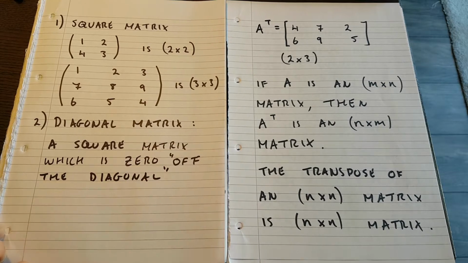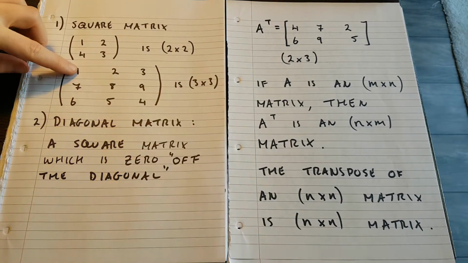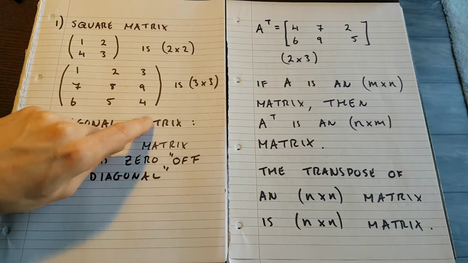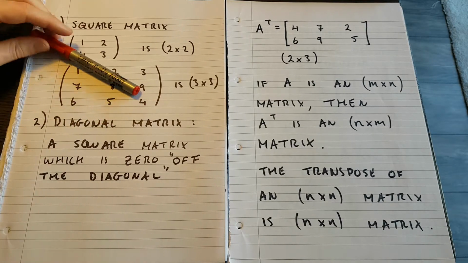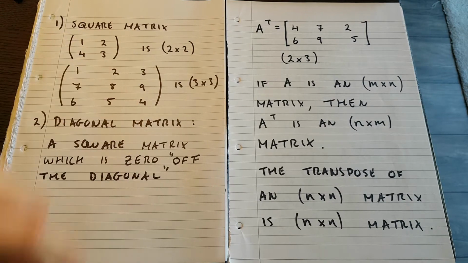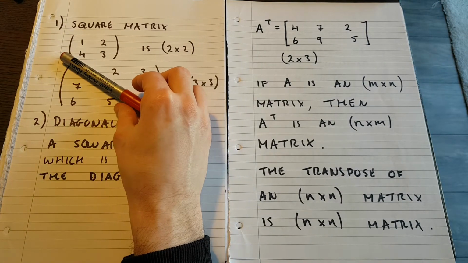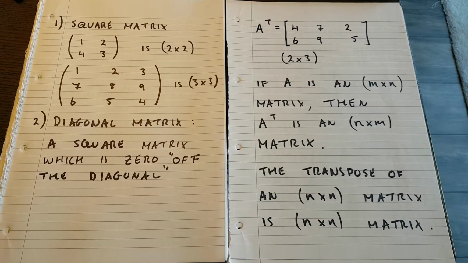And what does that mean? Well, the thing that is considered the diagonal of the matrix is the one that goes from the 1,1 entry down to the n,n entry. So in this case, it goes from the 1 in the upper left corner to the 4 in the lower right corner, following the line of that marker.